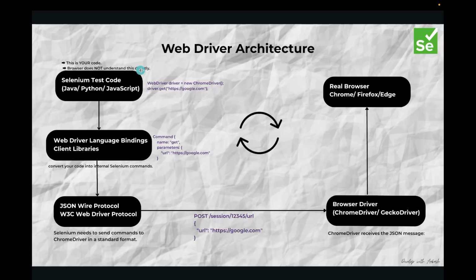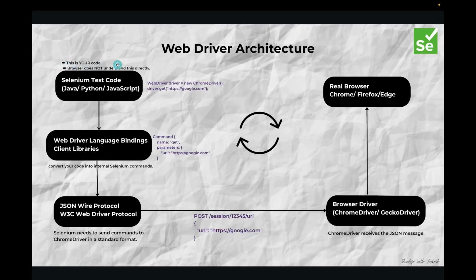Whenever you write something like WebDriver driver equal to new ChromeDriver, and you can write driver.get http google.com. Alright, this is your plain Selenium code, and this is what you write as part of this particular part.